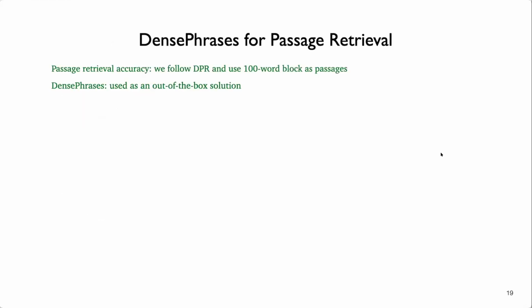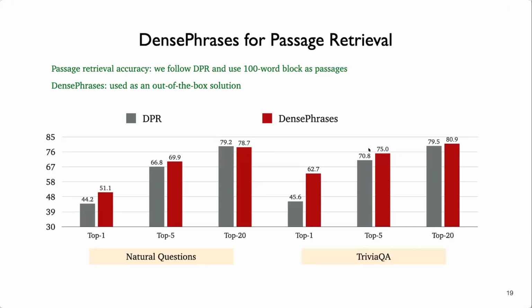To test this idea, we did an apples to apples comparison between dense passage retrieval and DensePhrases. We don't retrain DensePhrases, we just use it as an out-of-the-box solution. We also follow the DPR evaluation and use the 100-word block as a passage. As you can see from this figure, this is the passage retrieval accuracy on Natural Questions and TriviaQA. We found this very surprising.